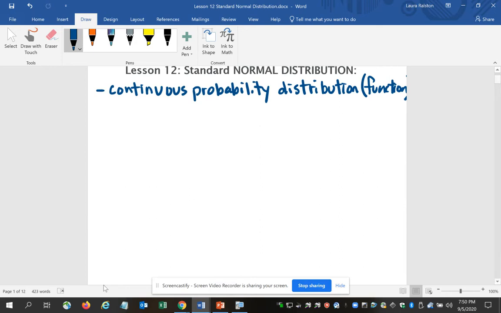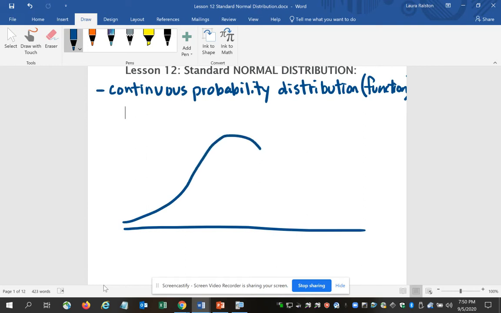So typically when we draw a normal distribution, we have a horizontal axis or a horizontal number line, and then we have our normal bell-shaped curve. And again, you'll notice I was able to draw the entire curve without lifting my pen.